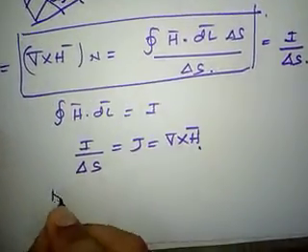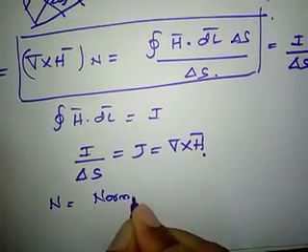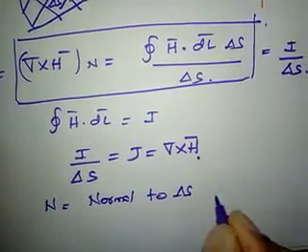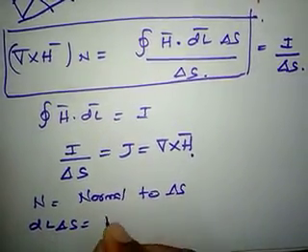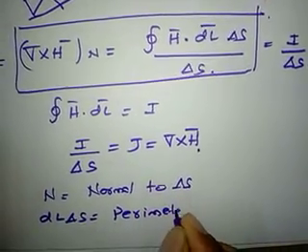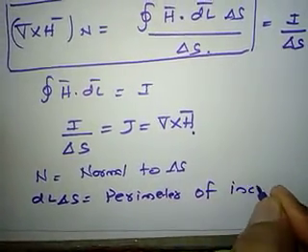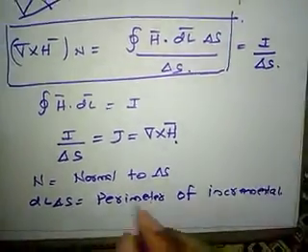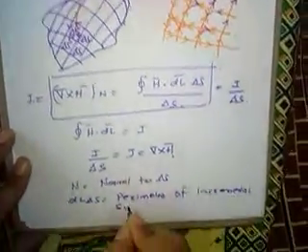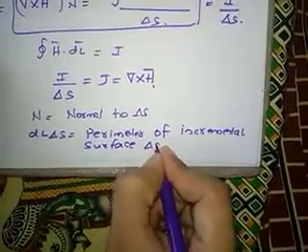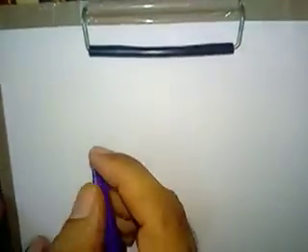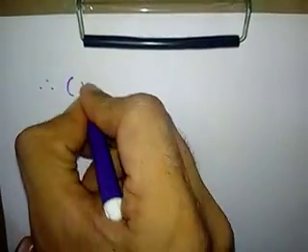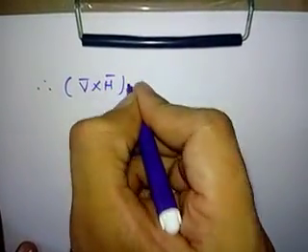Now what is n here? n is normal to delta s according to the right hand rule. And dl is the perimeter of the incremental surface delta s. So here I can write del cross h in the normal direction.